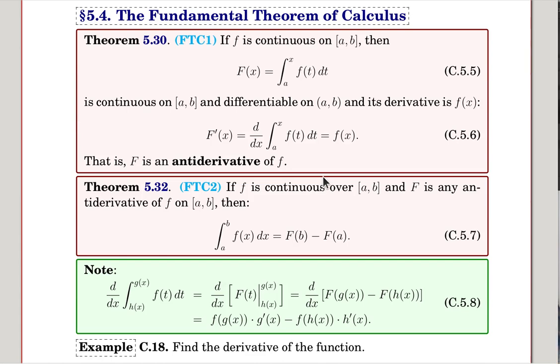Section 5.4, the fundamental theorem of calculus. Part 1 is here. Once f is continuous on the interval [a, b], then this integral, if we call it capital F of x, then capital F of x is continuous and differentiable, and its derivative is the same as f of x.